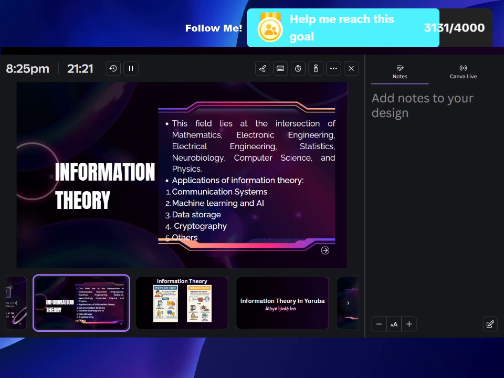So information theory is the study of encoding, transmitting, and decoding information. Uses of the theory involve data compression and artificial intelligence.